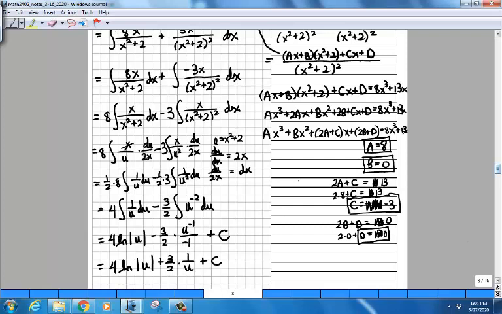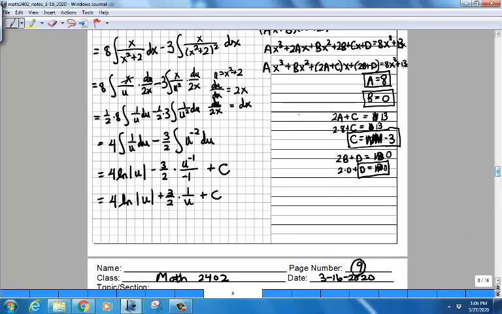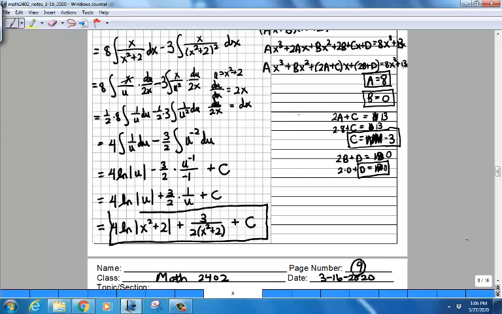And now, finally, let's undo the substitution. u is x squared plus 2, so we get 4 times the natural log of x squared plus 2, plus 3 over 2 times x squared plus 2, and then plus our constant. At last, there it is. There's our antiderivative. So a nice big antiderivative for that original integrand.